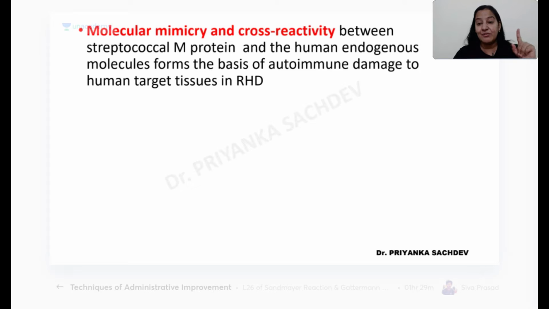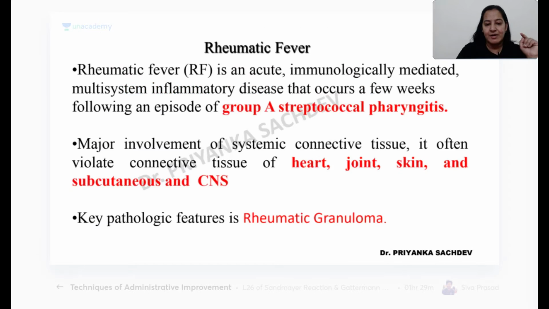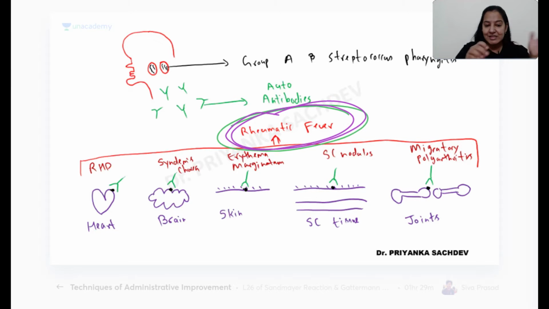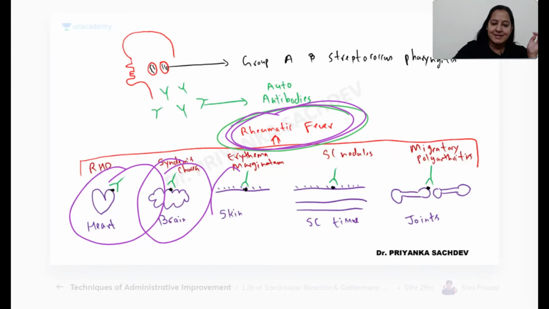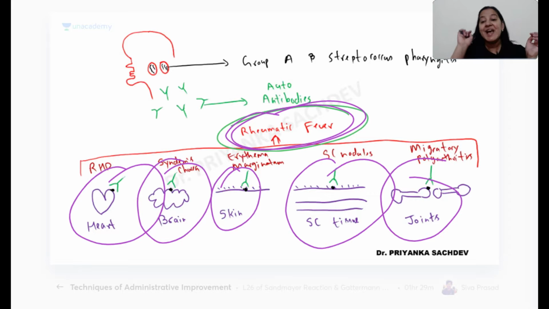So what is the pathogenesis of rheumatic fever? It is molecular mimicry and cross-reactivity. What is molecular mimicry here? All these 5 organs, heart, brain, skin, subcutaneous tissue and joints, have antigen which is similar to that of the bacteria. So these 5 organs are mimicking the bacteria, and that is known as molecular mimicry. Because of this, the antibodies do cross-reaction.